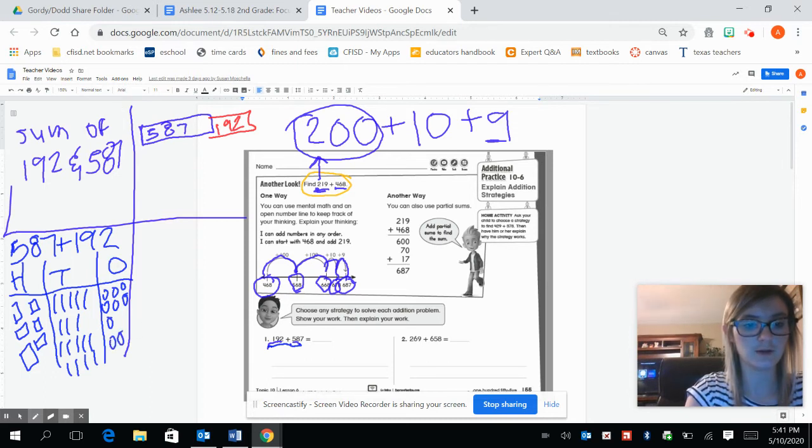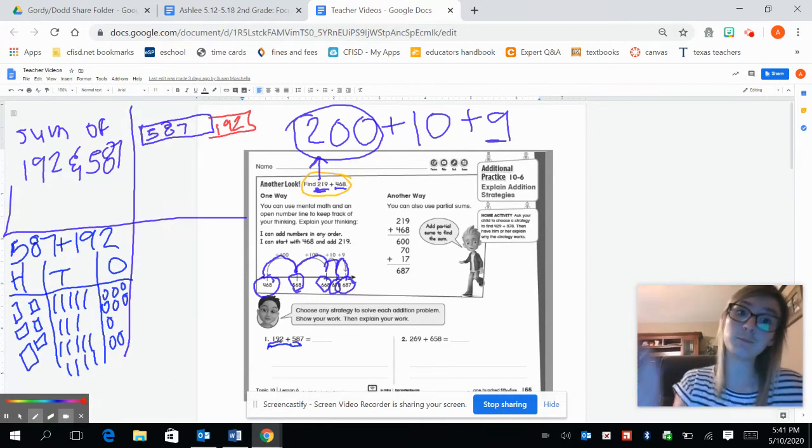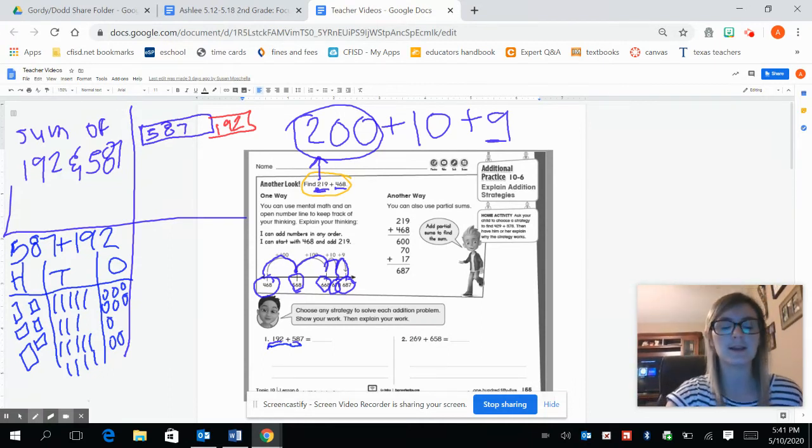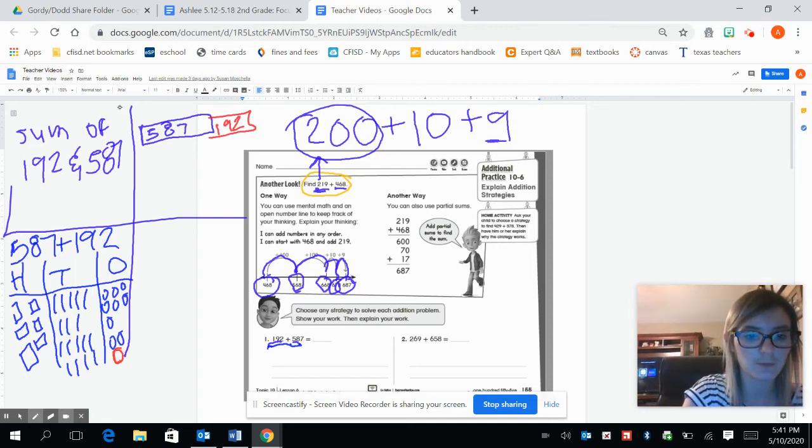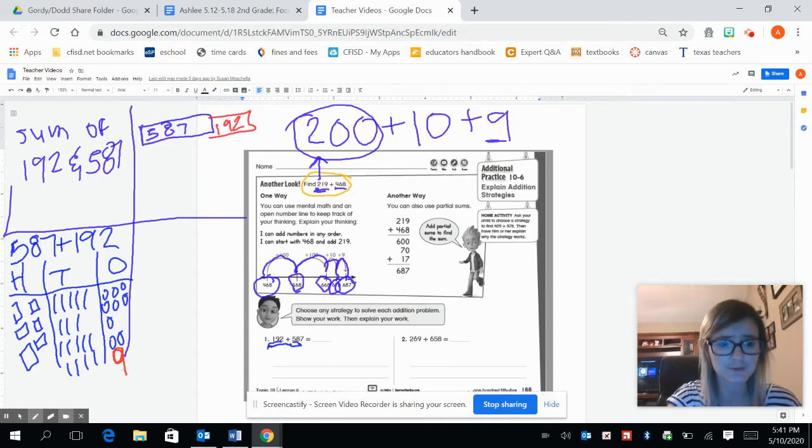It's really important that we group things together and move them over. We have 9 ones, which is not quite enough to bundle, so we have 9 in our ones spot. Let's move the tens.